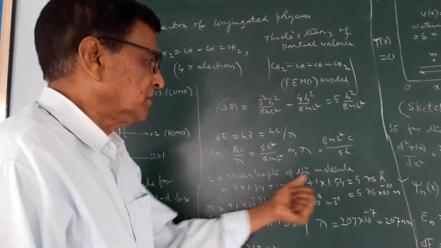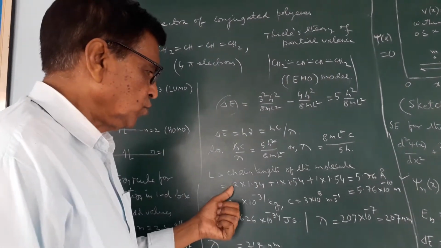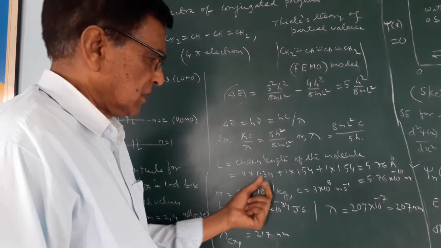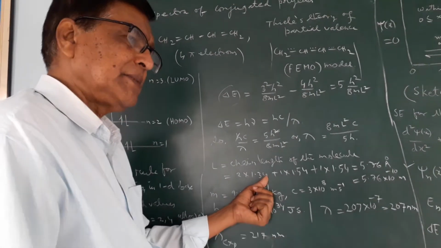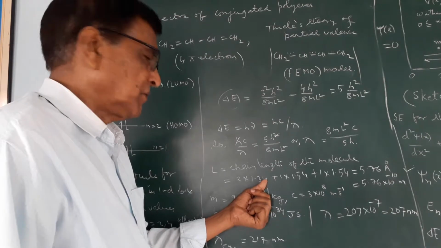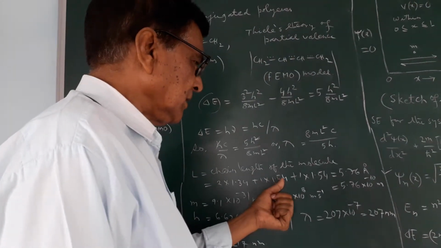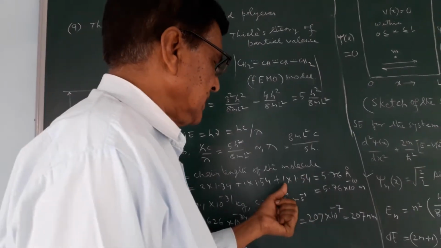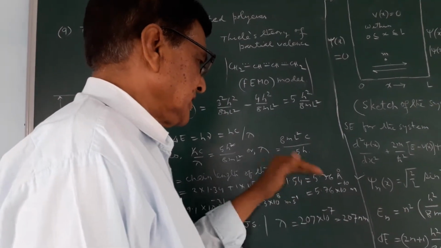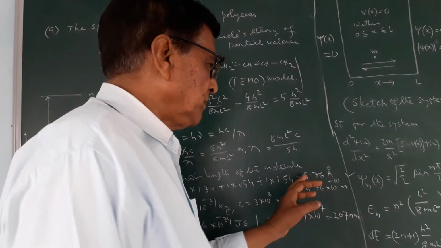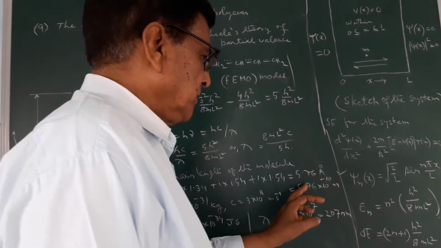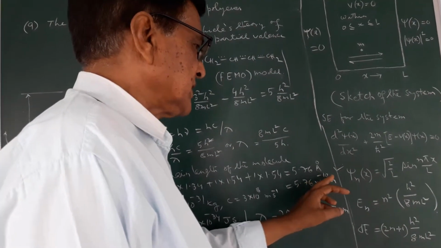So the chain length of this molecule is equal to 2 into 1.34 angstrom, where 1.34 angstrom is the bond length of a carbon-carbon double bond, plus 1 into 1.54, the single bond distance, plus the end connection for one single bond. This equals 5.76 angstrom, or 5.76 into 10 to the power minus 10 m.